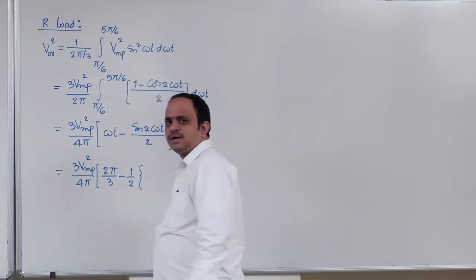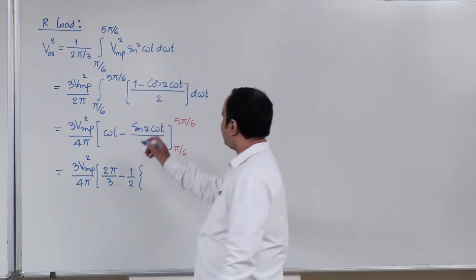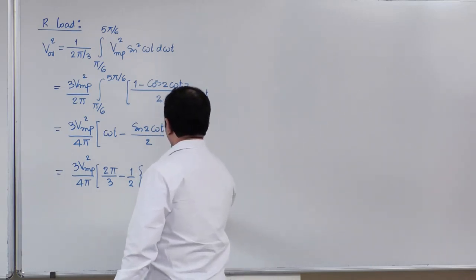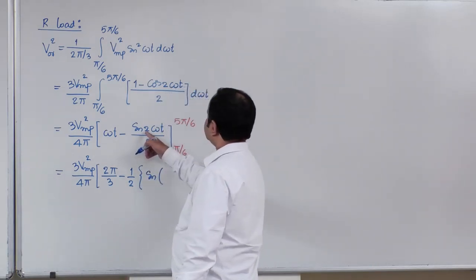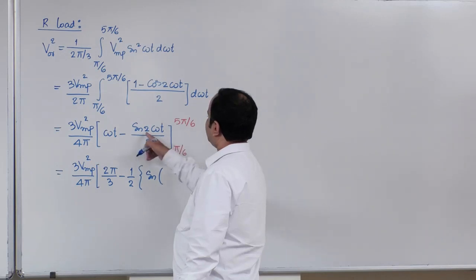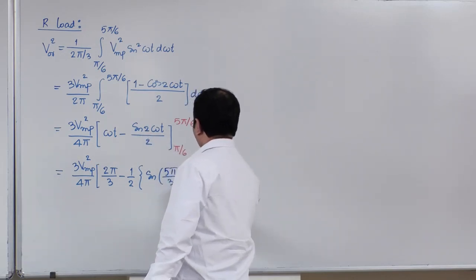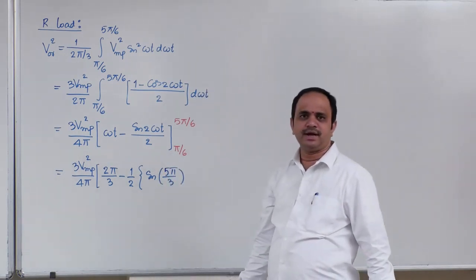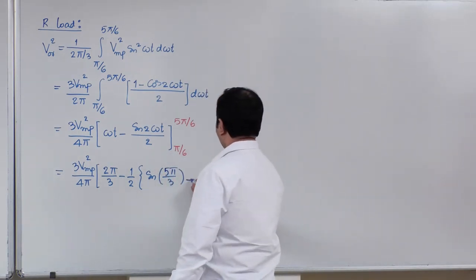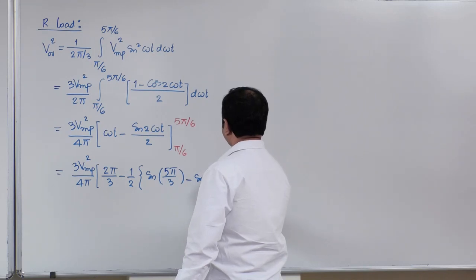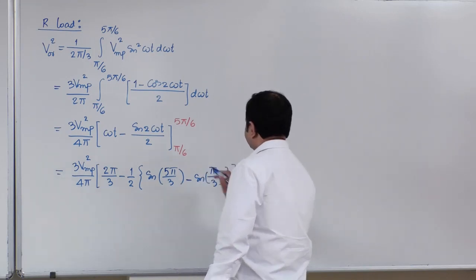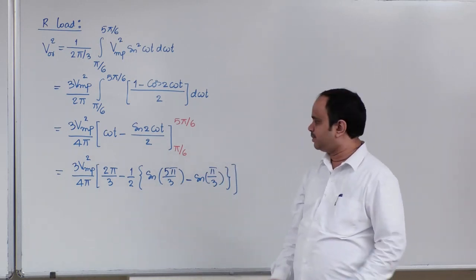minus half into upper limit sine of 5 pi by 6 multiplied with 2. Therefore I can write it as 5 pi by 3, in other words 300 degree, minus lower limit will give you pi by 3.